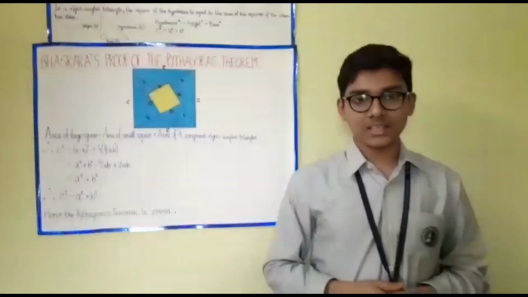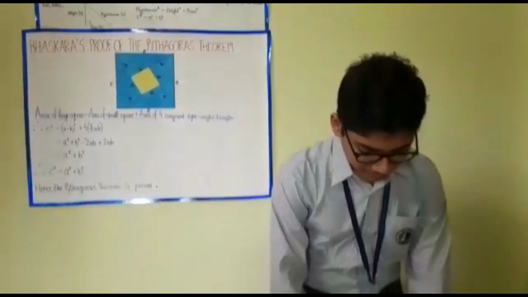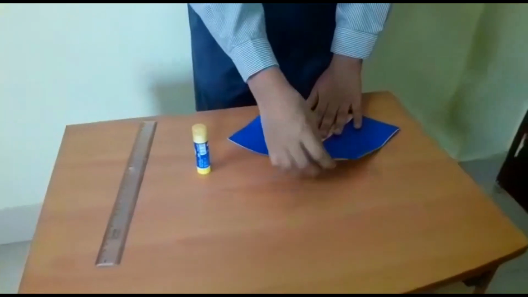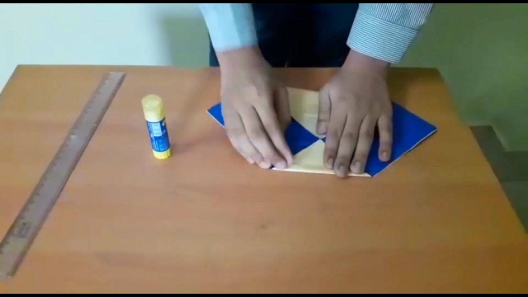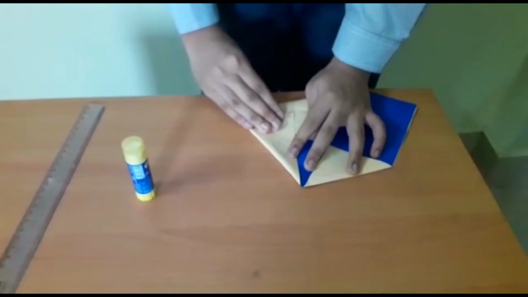I shall be discussing Bhaskara, the famous Indian mathematician's second proof of the Pythagoras theorem using the paper folding art of origami.